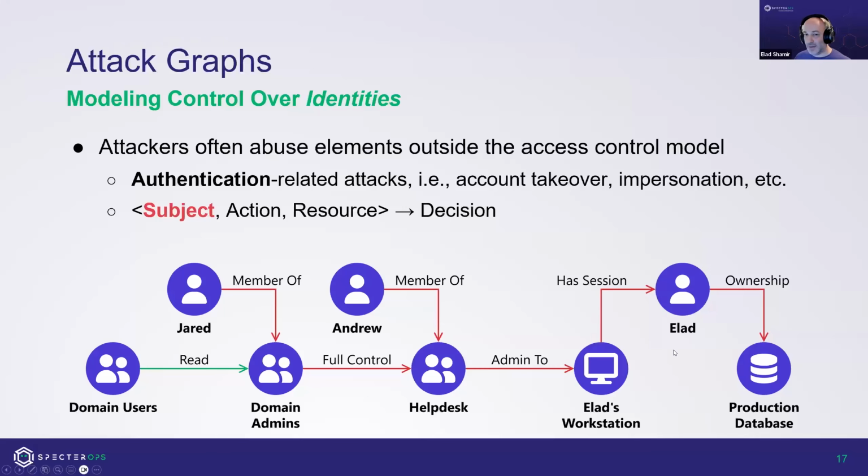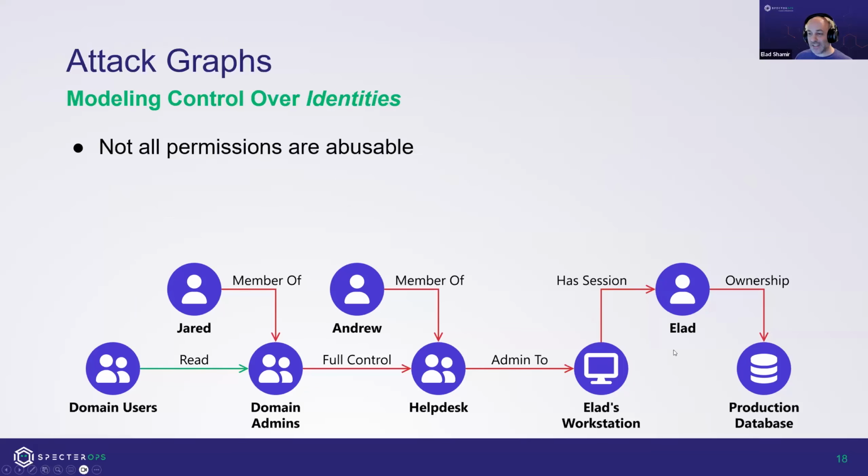Another thing that we should take into consideration is that not all of the edges here actually represent control over an identity. They're not all abusable from the attacker's perspective. For example, domain users having read access to the domain admins group does not allow domain users to actually take over that group.